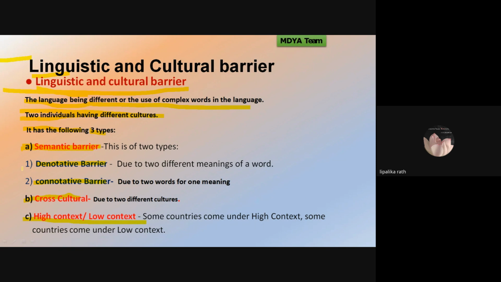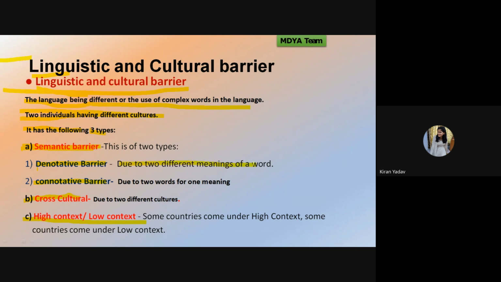If we take one word, that word's dictionary meaning is called denotation. And connotation is that word's meaning related to emotional feelings. Very good, Lipalika ji.